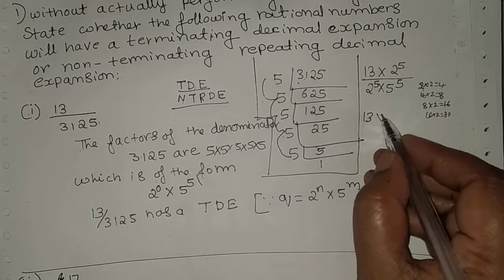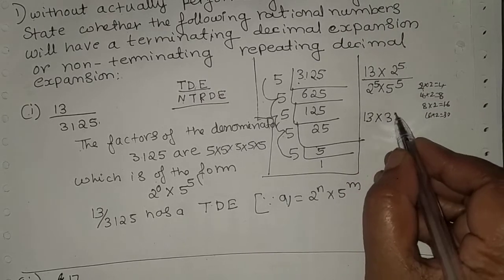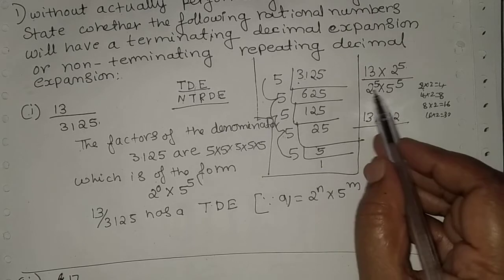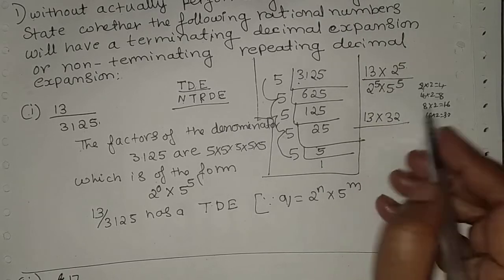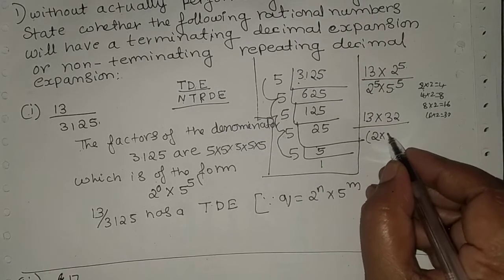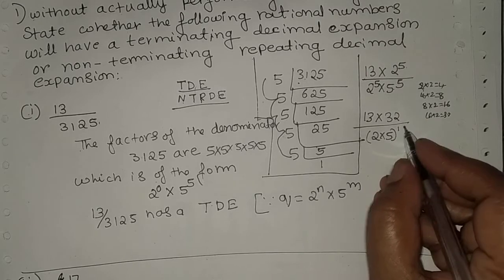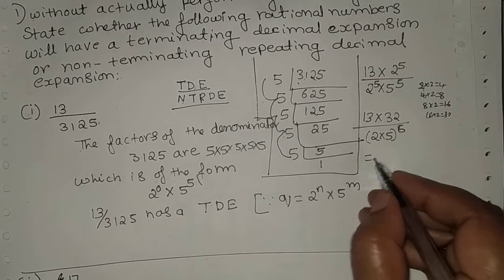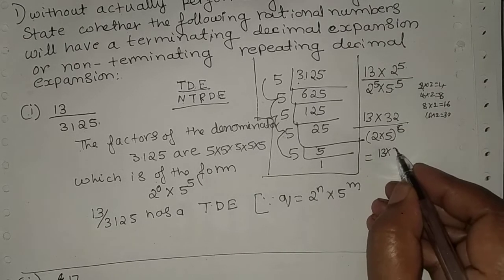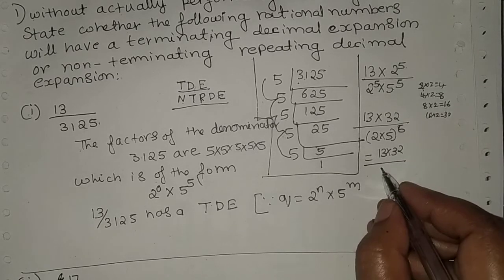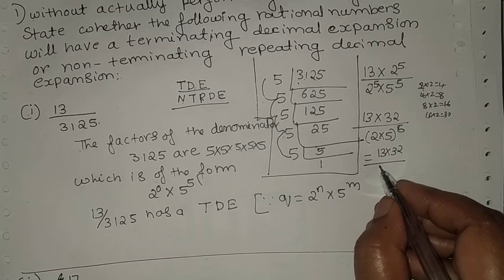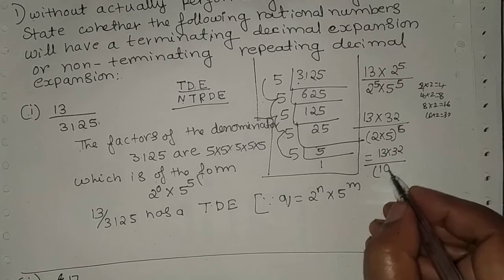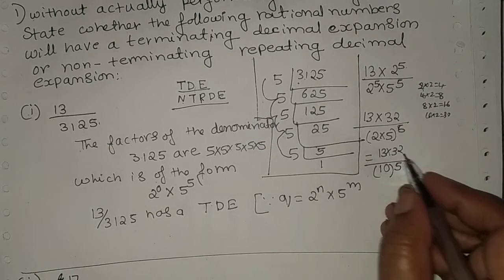So 13 into 32 by, we take this power as common, 2 into 5 to the power of 5. Finally, multiply 13 into 32 by 10. 2 into 5 is 10, 10 to the power of 5.